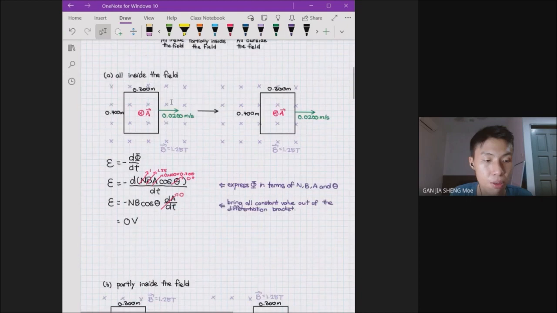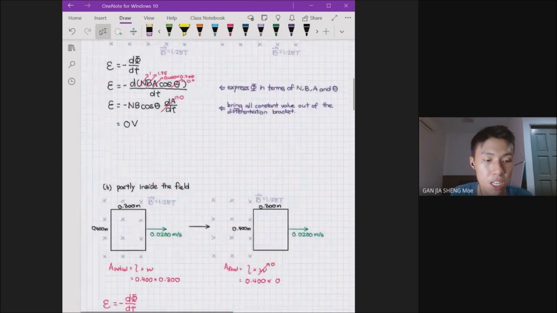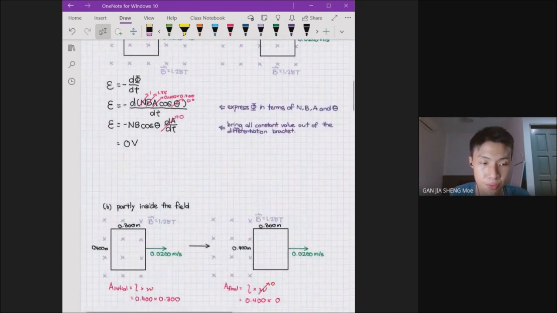Okay, but if we proceed and study the situation where it's partly inside the field, then we can see that initially the whole area is experiencing the magnetic field, but as you progress to the right, you slowly get out from the region of the magnetic field, and at the end of the journey, the whole coil should be outside the magnetic field already.